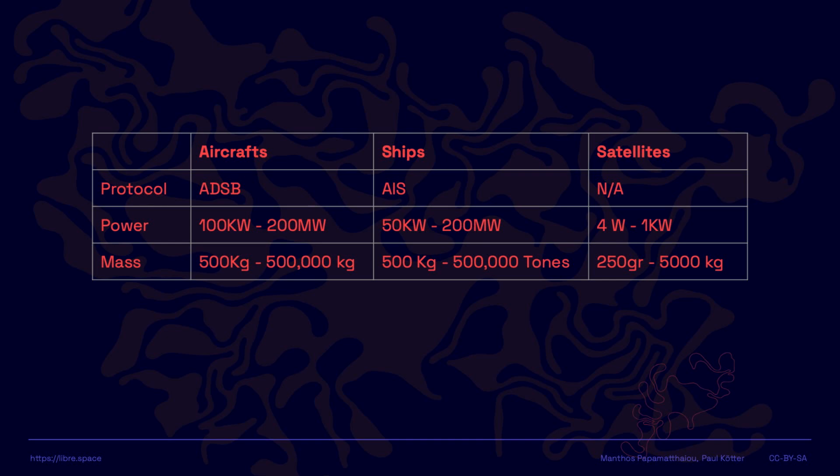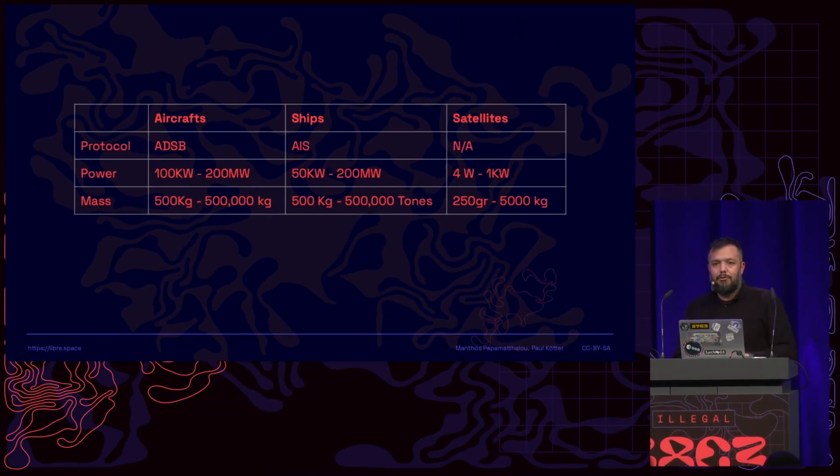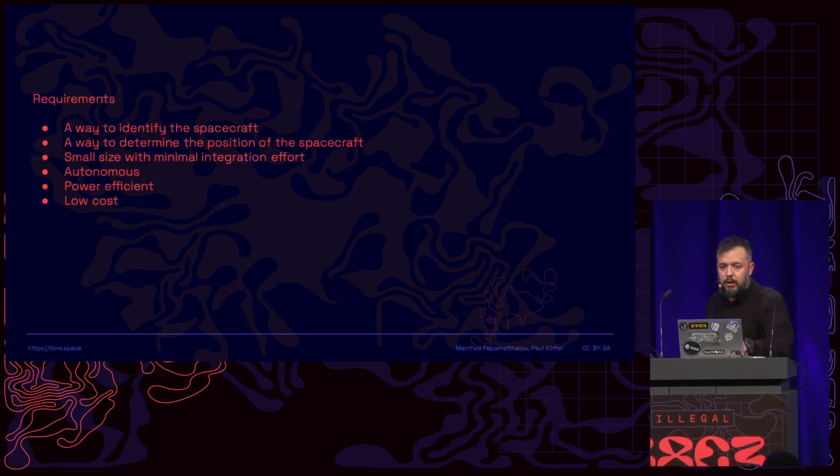A typical CubeSat has something like 10 or 20 watts, while ships and aircraft have megawatts. The other challenge is size and mass. A small Cessna is about 500 kilos, but a small satellite is 200 grams, 1 kilo or 10 kilos, like most CubeSats.